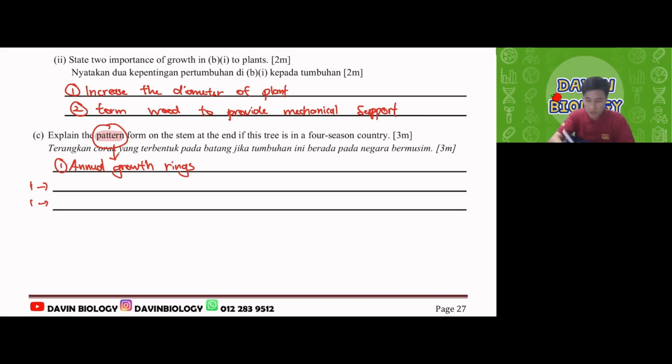For example, you say during spring, you can skip the vascular cambium being more active, and straight say bigger and brighter. Don't write rings, xylem vessels are formed.